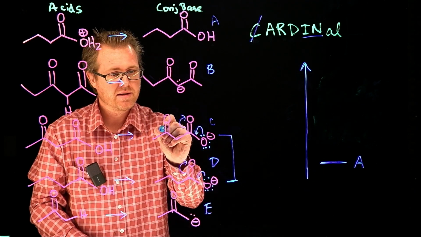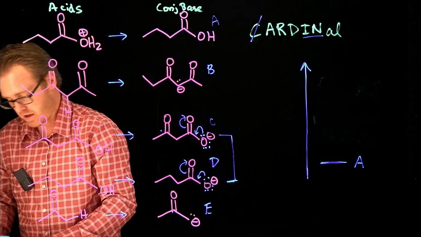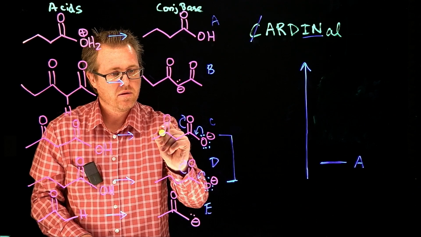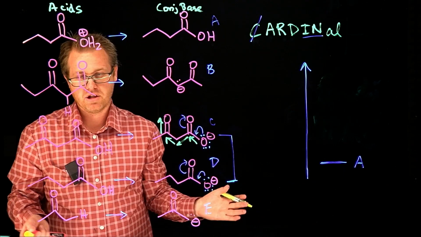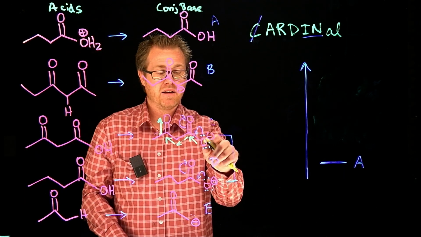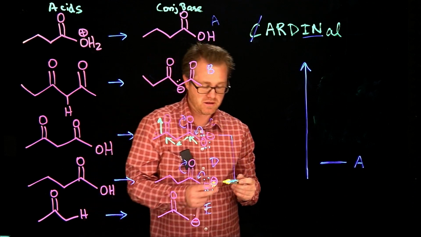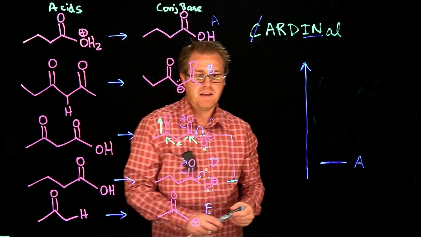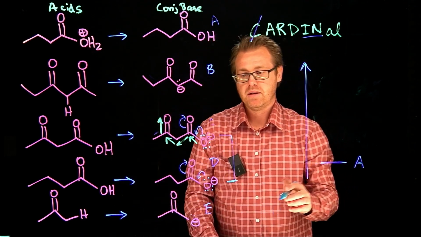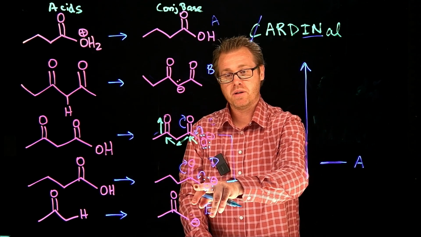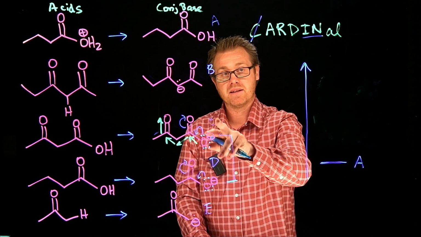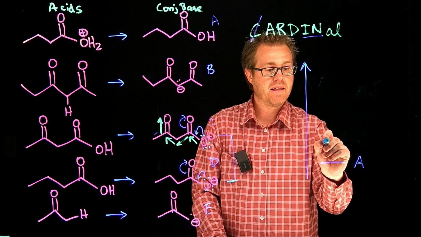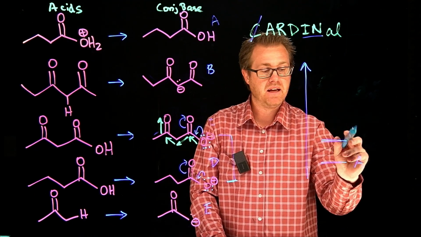And so what it's doing is, let's use a different color here, it's pulling electron density towards that oxygen. And so that has an inductive effect on that negative charge. So what we can say when comparing these two, this one D has no induction, but it has resonance. C has resonance and induction, so that's going to make that more stable than D.